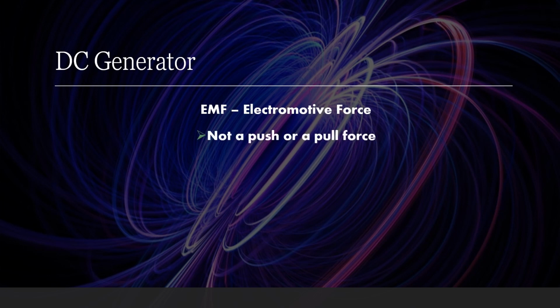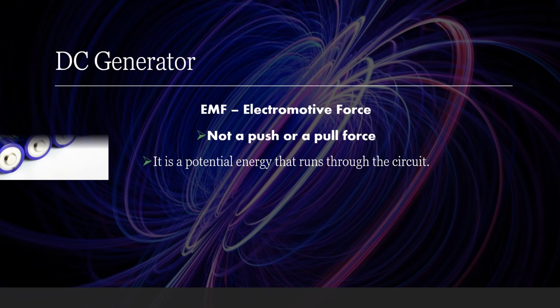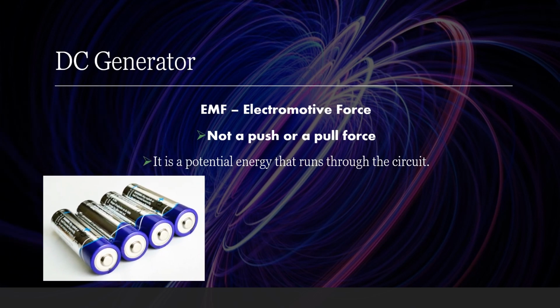It is not a push or a pull force. It's not a gravitational pull like pushing on a wall. No, it is actually a potential energy that runs through the circuit. And this potential energy is provided by the batteries and also DC generators in general. They provide this potential energy to the circuit.